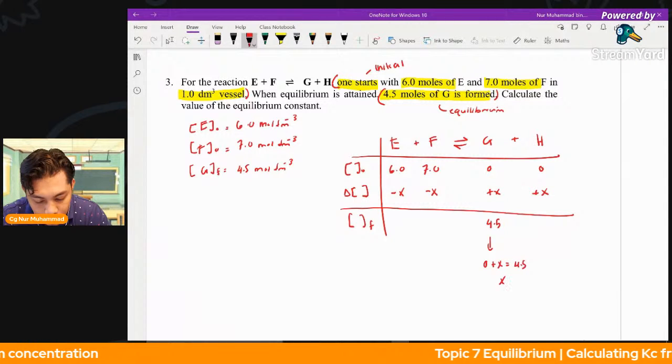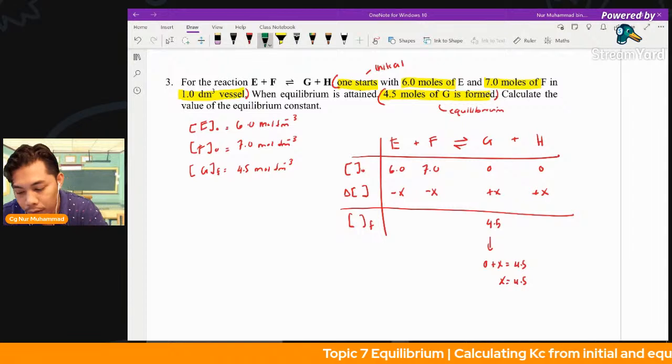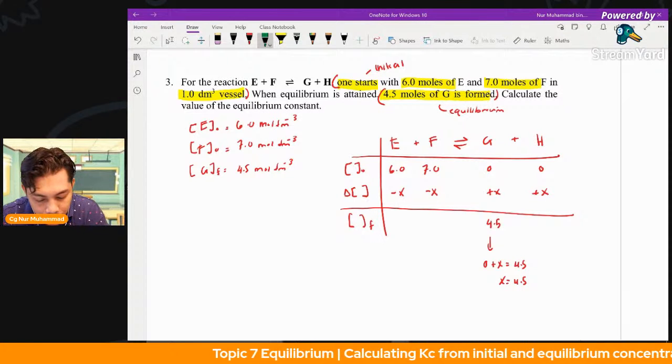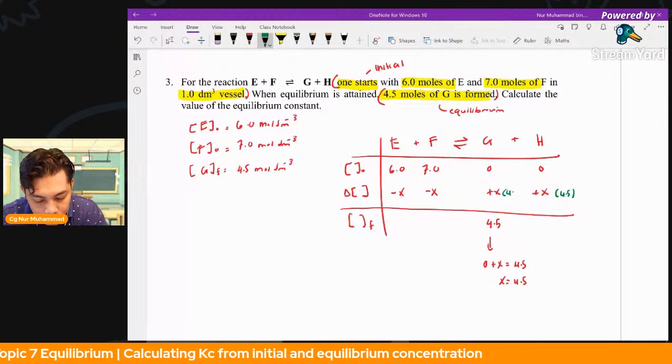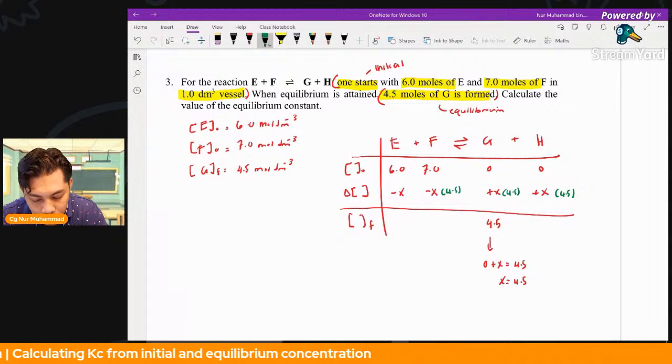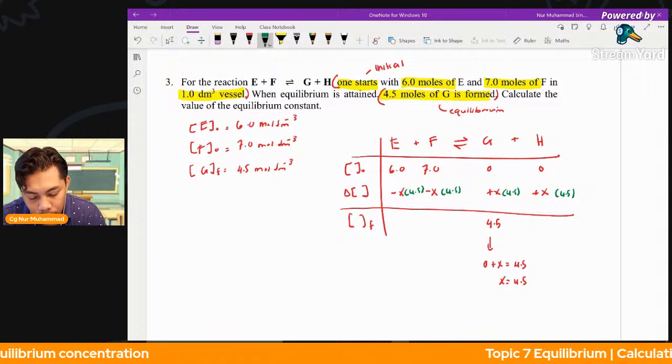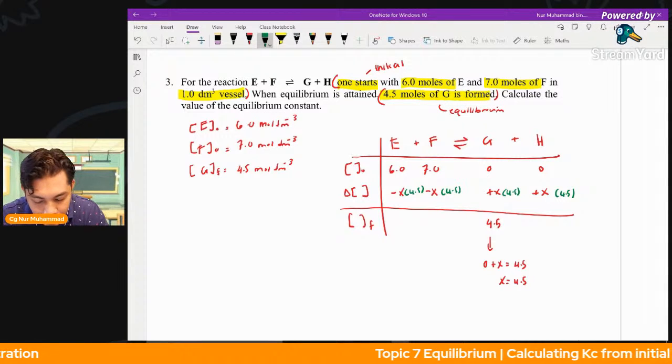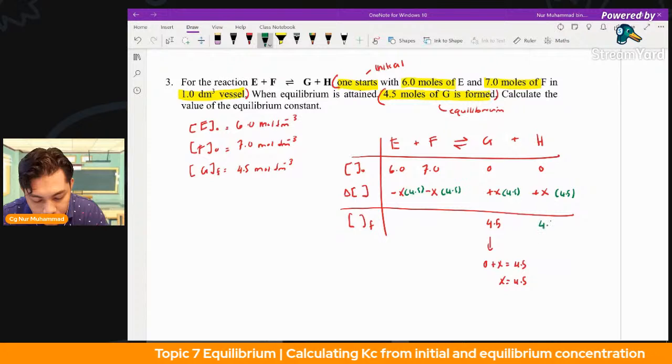So X is 4.5. Okay, so what is your final answer? The final concentration of H is 4.5.